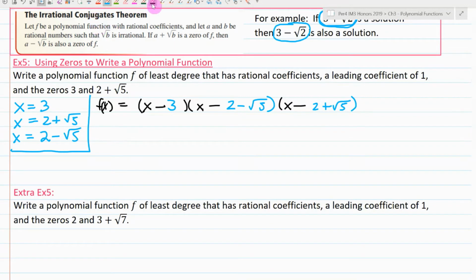Now, when you're multiplying these, there's a shortcut to do this. Okay, so this is going to stay the same. I'm just going to leave this alone, x minus 3. And this part right here is going to be x squared minus the sum of x and plus the product.